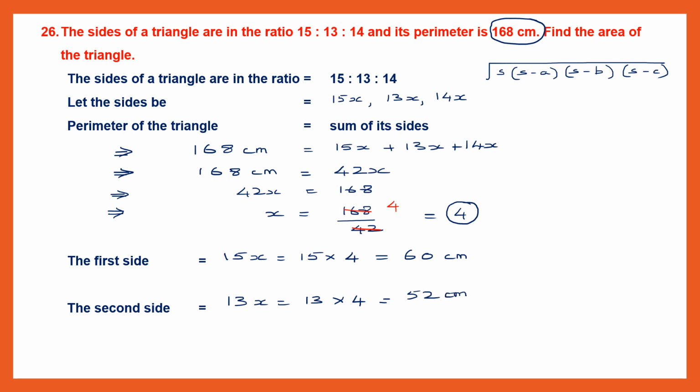Now let's take the third side. The third side here is 14x. That is 14 into 4, and 14 into 4 is 56. So now we have found the length of the three sides. With this, we can find the semi-perimeter and we can also find the area of the triangle.